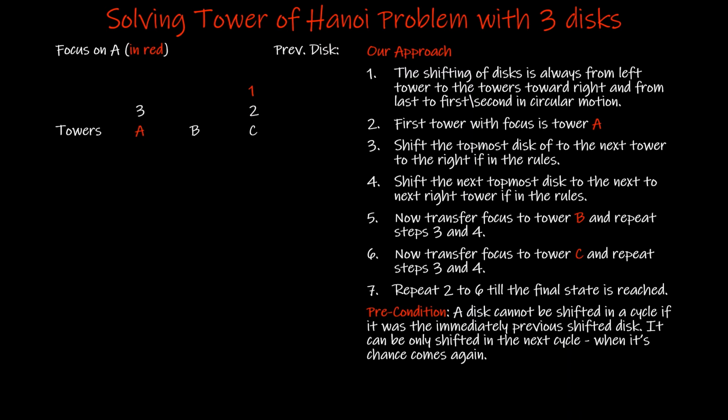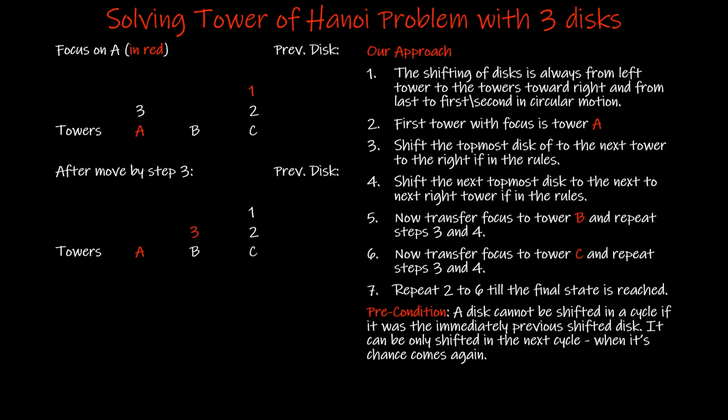We have A in focus and we have disk number 3. Can it now be shifted to the right of A? B is empty, so obviously there's no disk below, which can be below disk 3. So in this cycle, we can shift the disk 3. So by following step 3 or rule 3, we come to this arrangement.